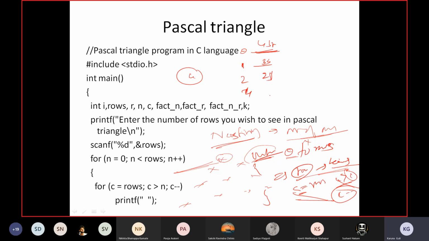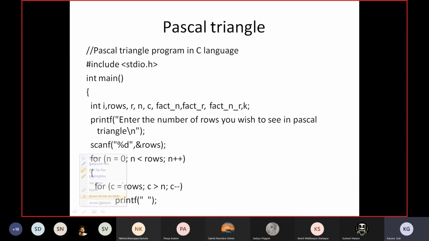Then on the fourth, that is the third row, the last row because it starts from 0 here, you have to leave only 1 space. Is it okay, students? Yes, ma'am. This is what we discussed in the previous class.